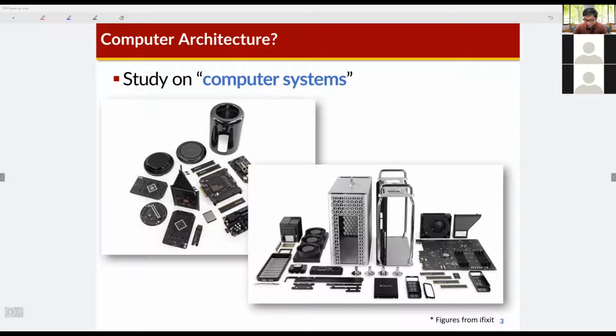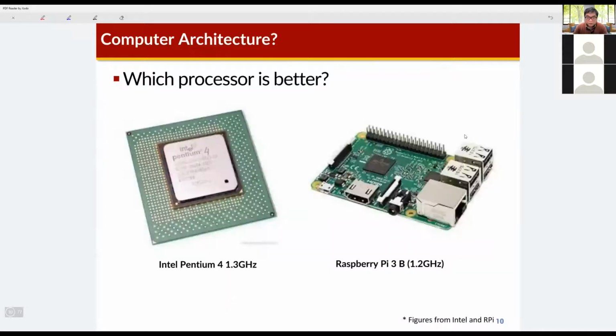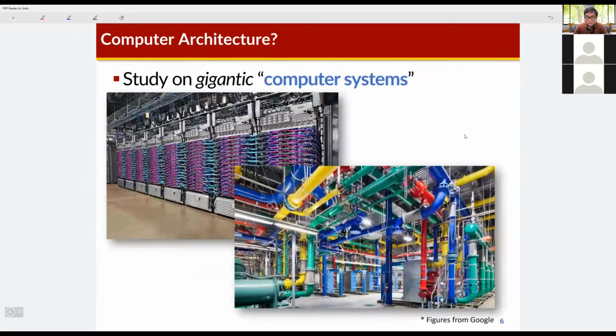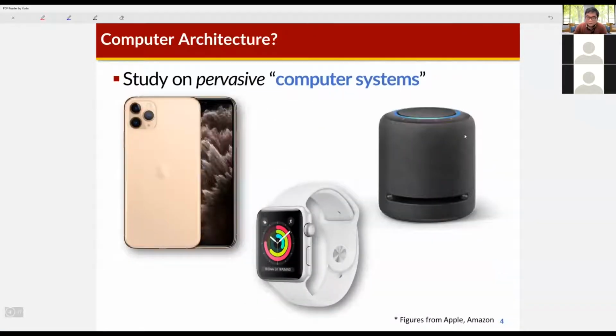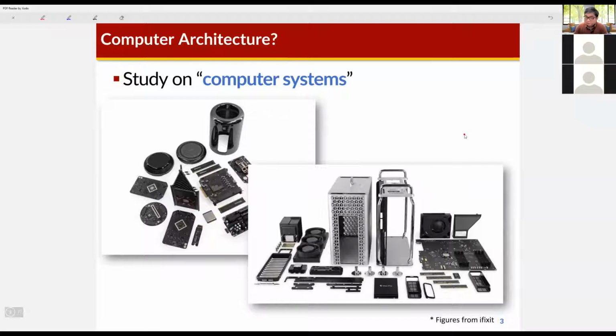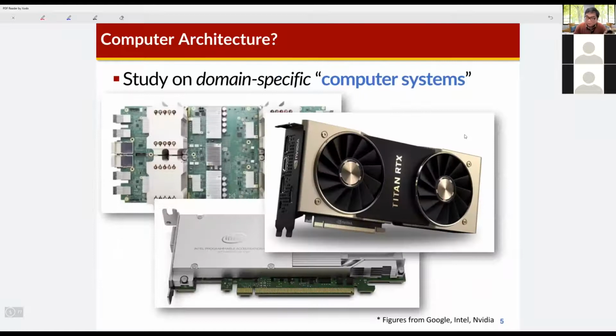Okay, so in the previous class, I think you can see this slide. I just showed various figures of computer systems. As you can see, these are also computers. Actually, this computer is different from the general computer processors.